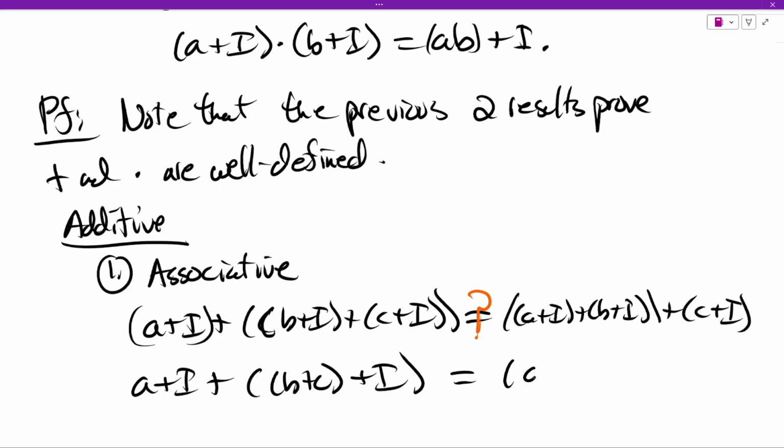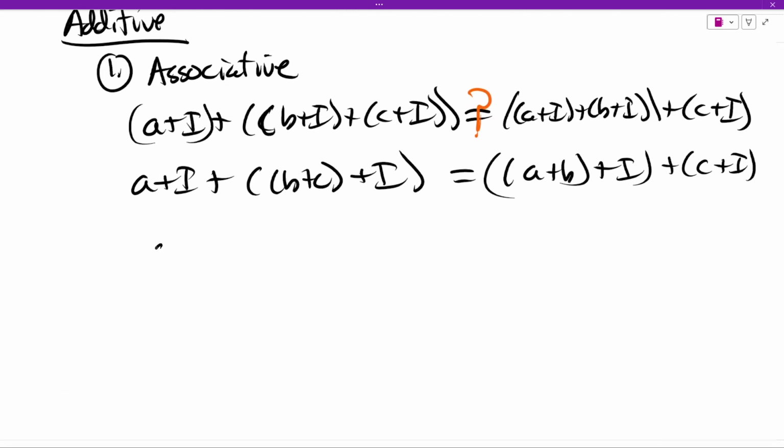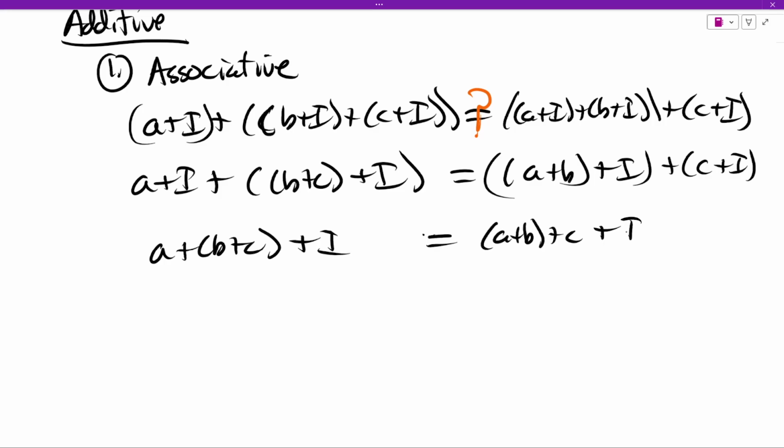On the right-hand side, we have A plus B plus I, and then to that, we're going to add on C plus I. On the left-hand side, that's A plus (B plus C) plus I, and on the right-hand side, that's (A plus B) plus C plus I. And the question is, are these the same still?